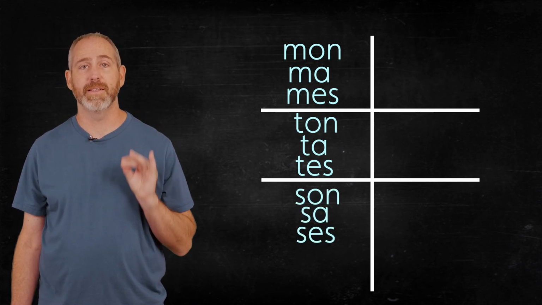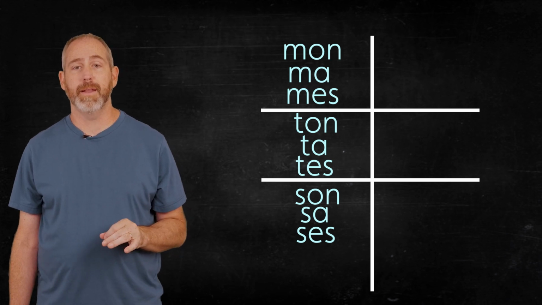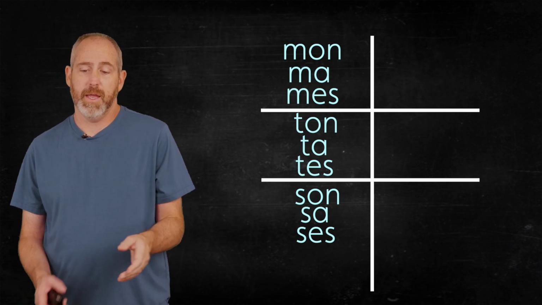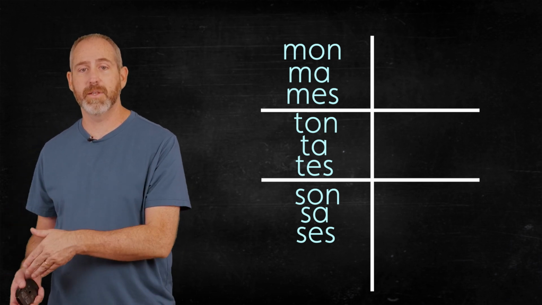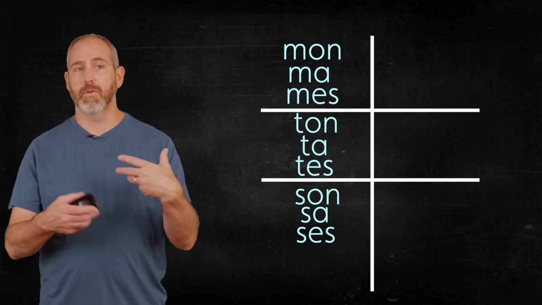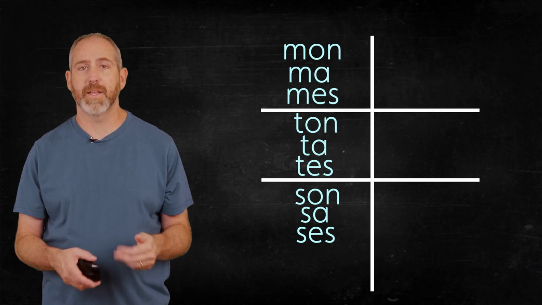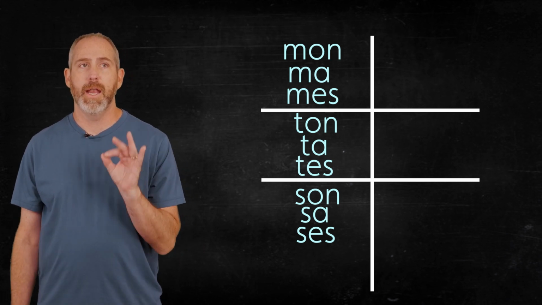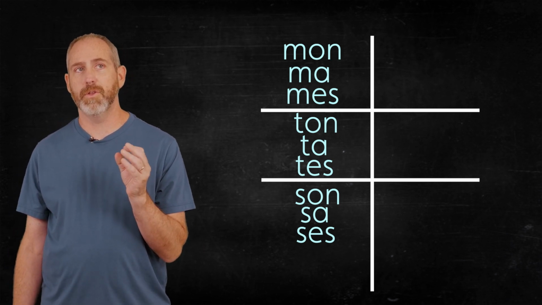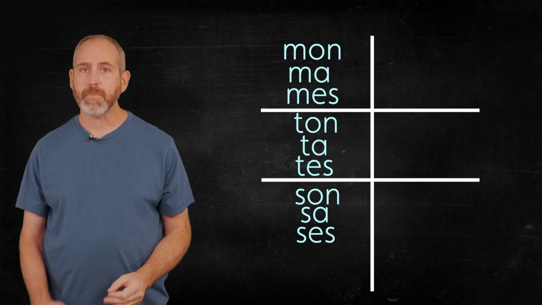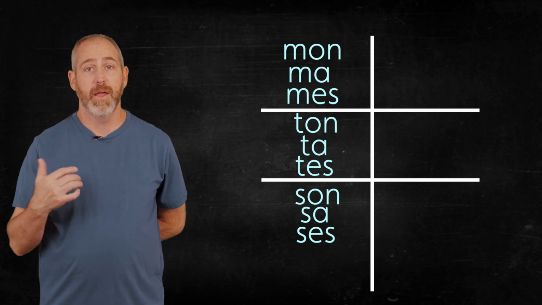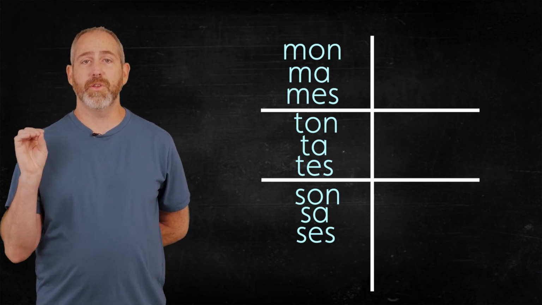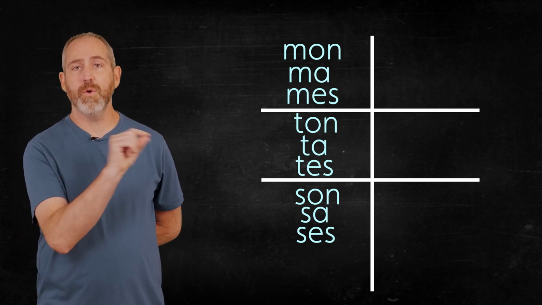Son, sa, ses. Okay, now son would be his something that's masculine, or her something that's masculine, or one's something that's masculine, okay? Now, just keep in mind that when we use son or sa, the difference is the object you're talking about, not who it belongs to.